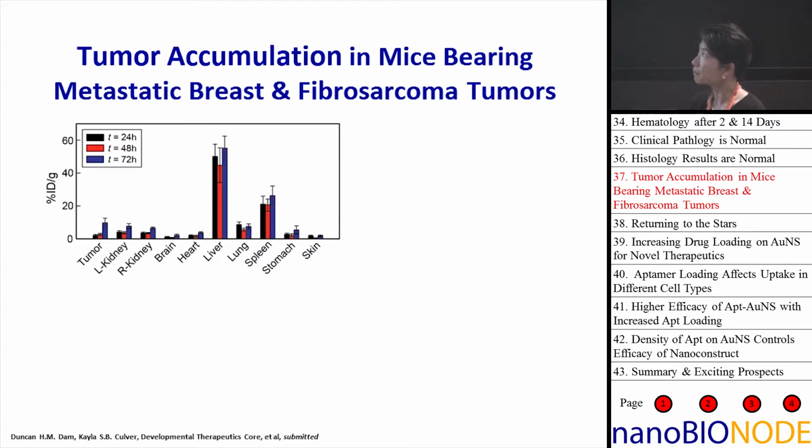And then finally, we're looking at tumor accumulation in mice, bearing both metastatic breast as well as fibrosarcoma tumors. The reason that we chose these models, I just put this here, is both of these, there are no good targeting agents for these types of cancers.